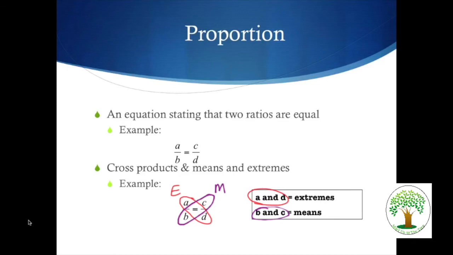All right. Now we're going to talk about the cross product. There's a really cool thing that happens with proportions. Most people don't like fractions, and so we can make this fraction turn into something other than a fraction. If I took my means on one side of the equation and the extremes on the other, I've got the red one's A and D on this side, and I multiply them, it will equal the means on the other side, which is the B and C. So if I take this diagonal over here, and I multiply it by that diagonal, they're equal.